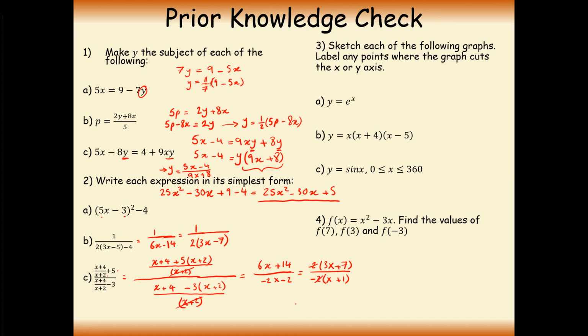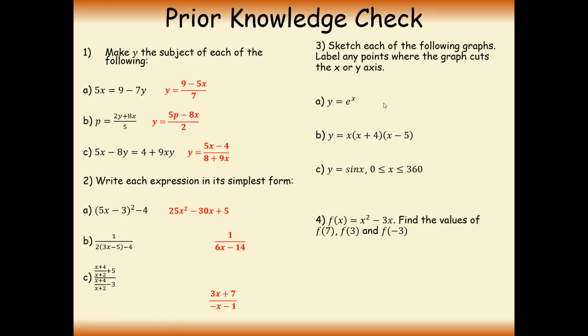We could cancel the 2's out, but the minus sign remains. Okay, so please pause the video. I'm going to rub these expressions off that are written in handwriting, and I'll have a go at the next questions.